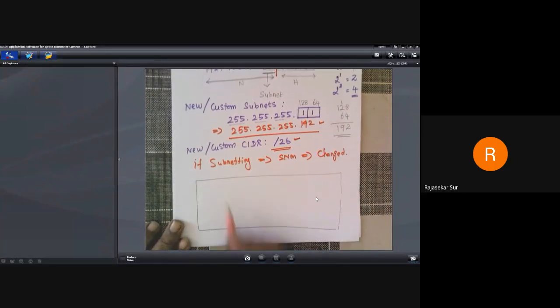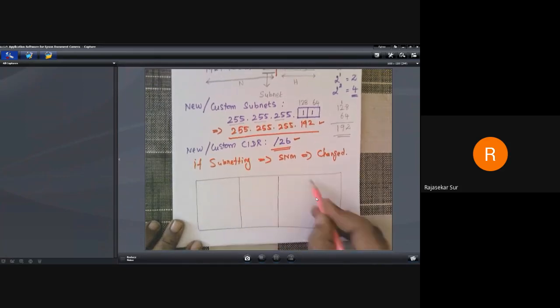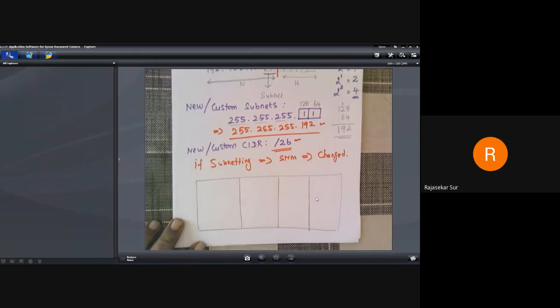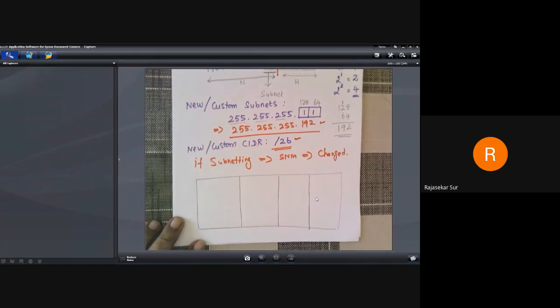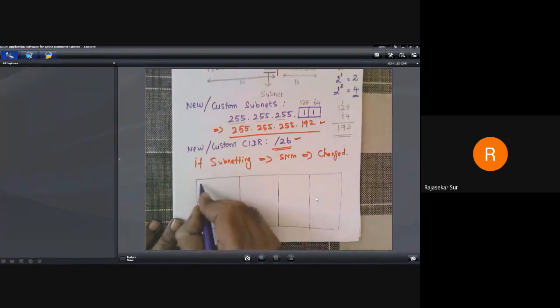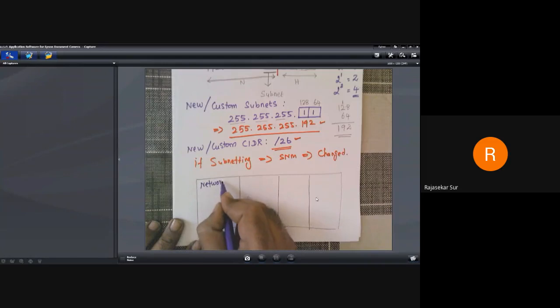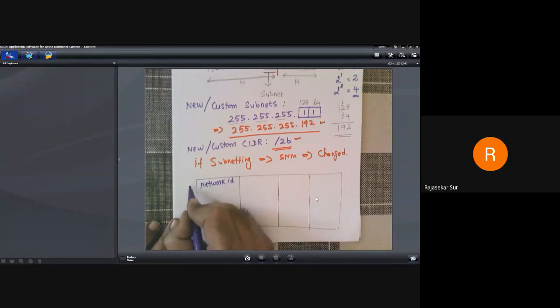We divided this network now into 4. Now, for each network, we have to find what is the network ID. For every subnet, you have to find what is the network ID, or we can say it is subnet ID, subnetwork ID.